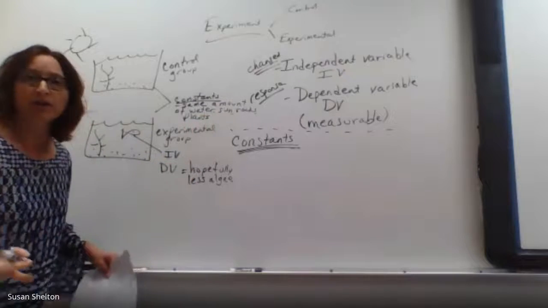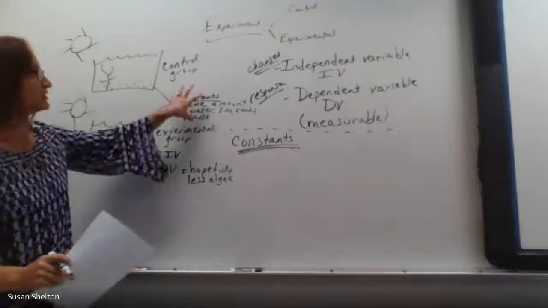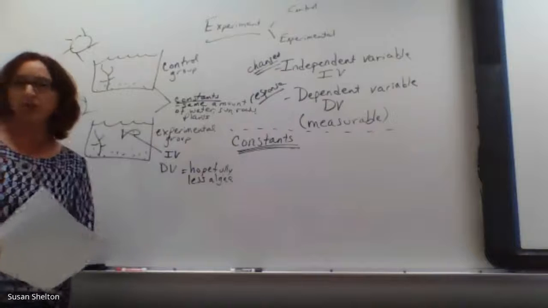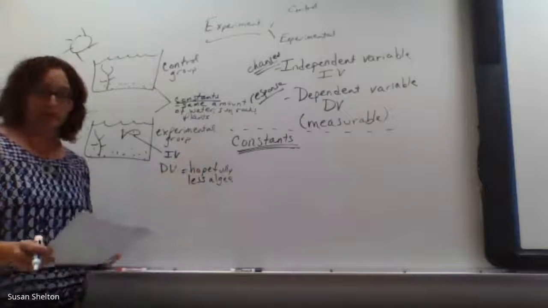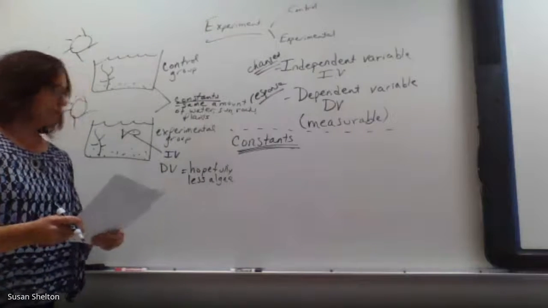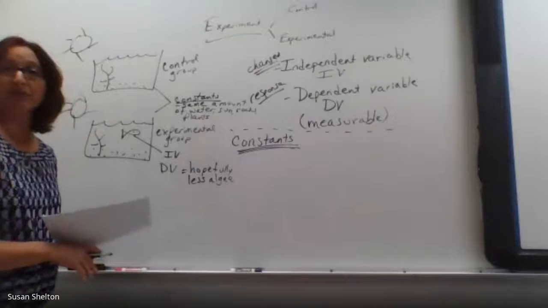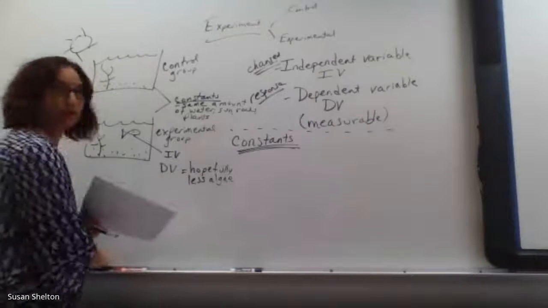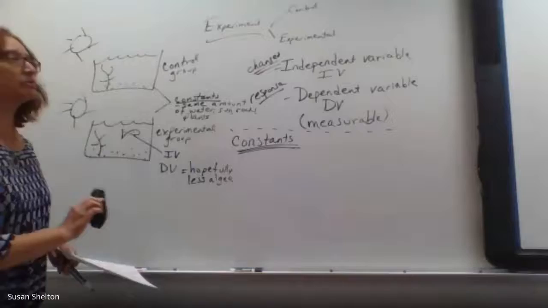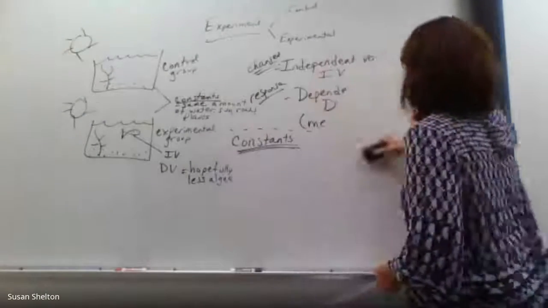Those were all of our constants. We put all the same things in, and then we just change one thing, which is our independent variable. I'm going to have to erase because we're running out of room on the board again. I'll start over here so you can still write that down.